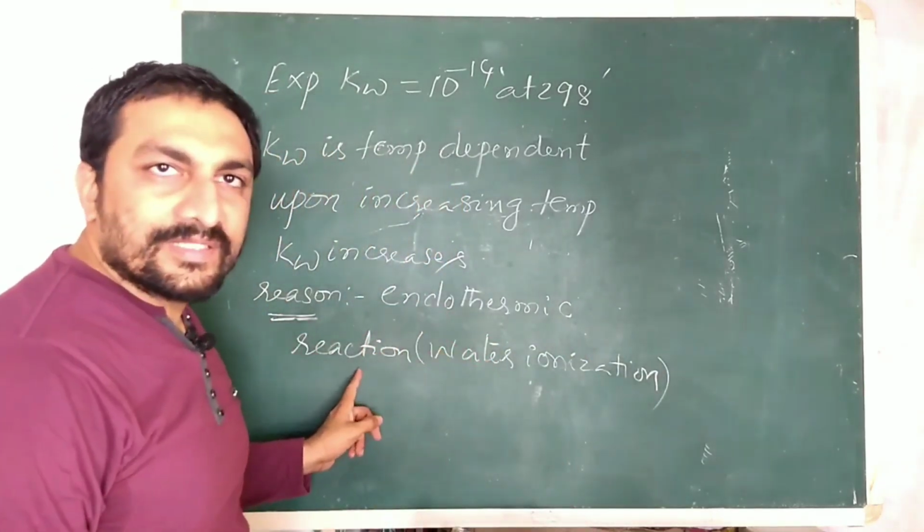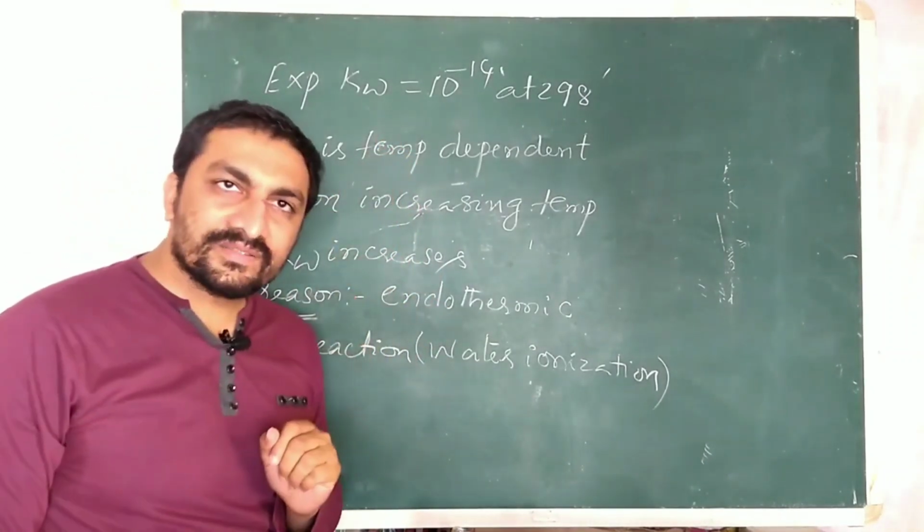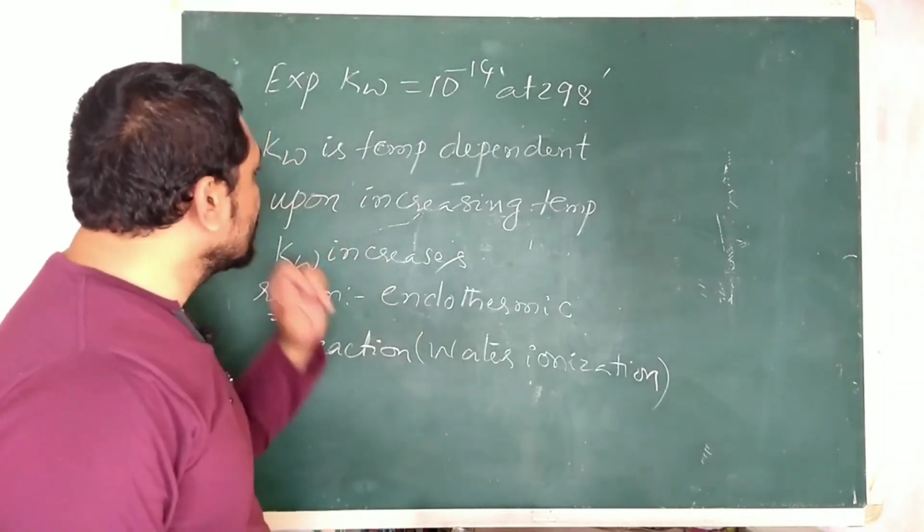So for endothermic reactions, if you increase the temperature, the forward reaction is favored. Therefore Kw increases. This is what you have studied in chemical equilibrium.